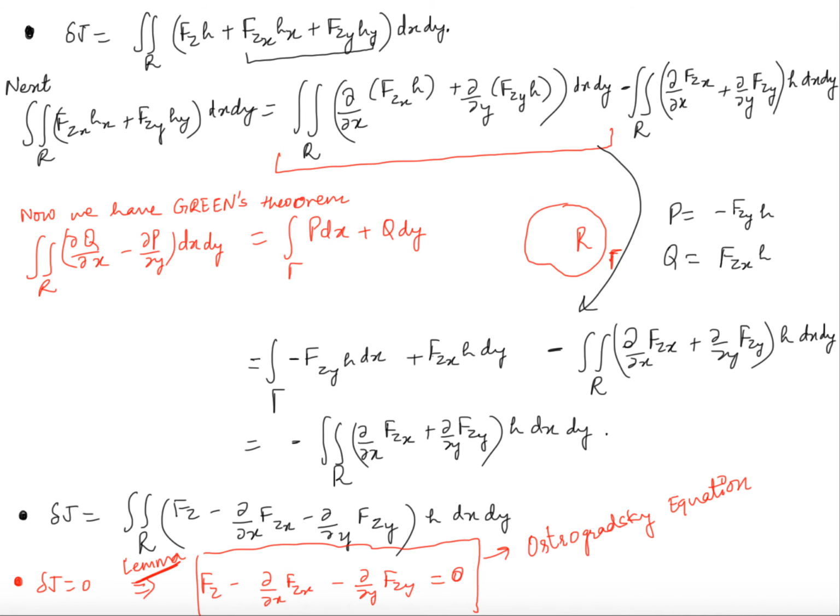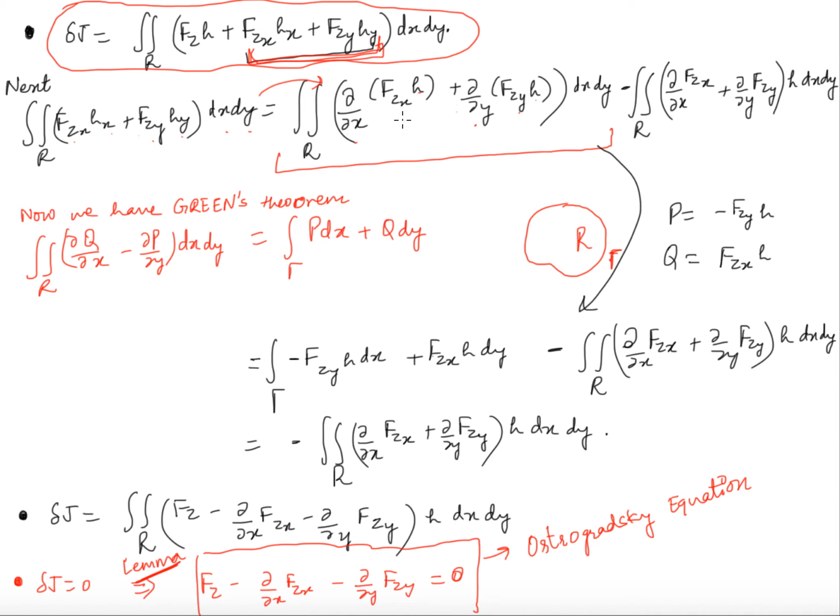So we obtained our variation like this in the last slide. Now just consider this second part, the last two terms. What is this? This is f_zx h_x plus f_zy h_y, dx dy. This is a simple manipulation. I can write this as the partial derivative of f_zx times h with respect to x, plus the partial derivative of f_zy times h with respect to y, minus these things.